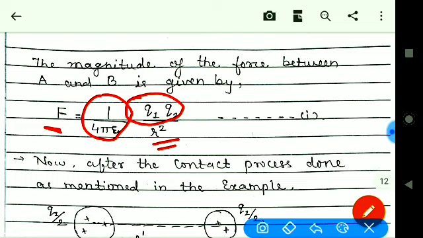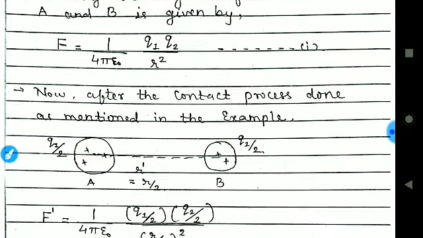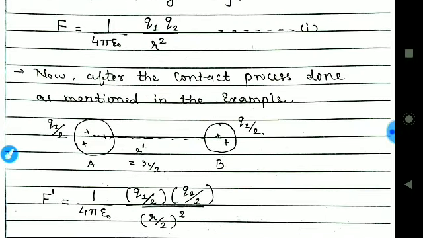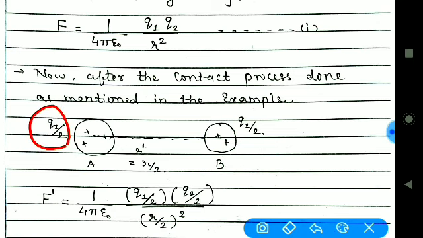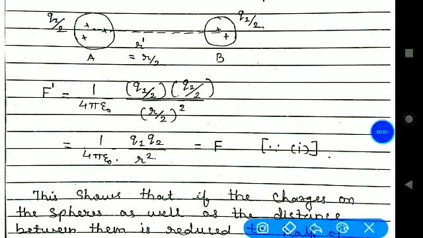Now, after the contact process, the charge on sphere A becomes half of its initial and the charge on sphere B becomes half of its initial. That is, now the charge on A is Q1 by 2 and that on B is Q2 by 2. And the distance between these two spheres is reduced to half of the initial, which is R by 2.